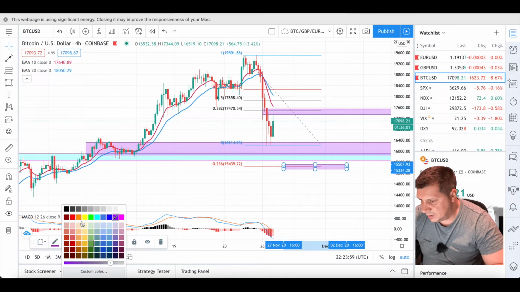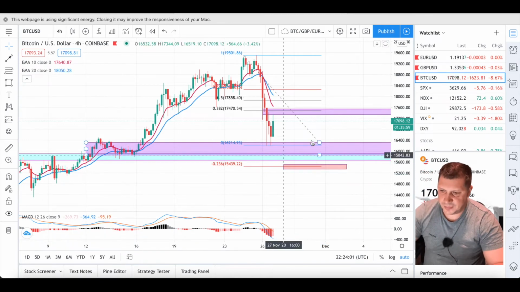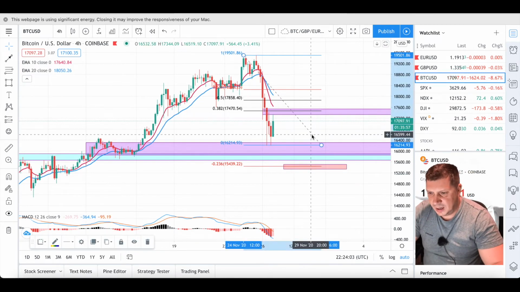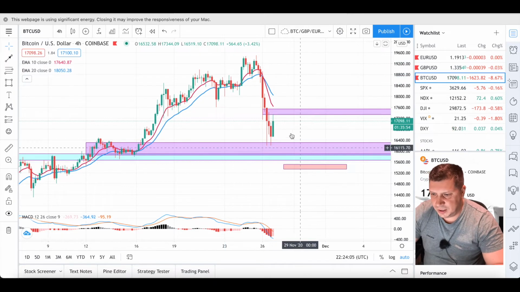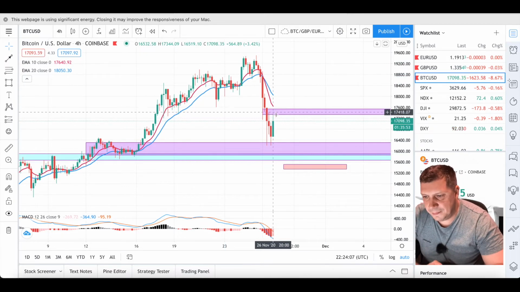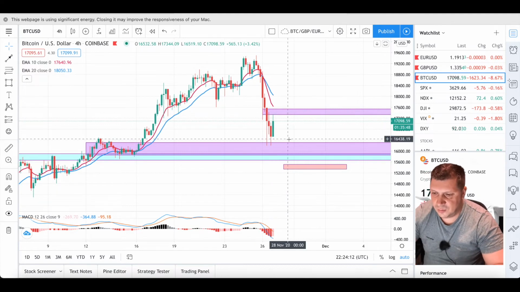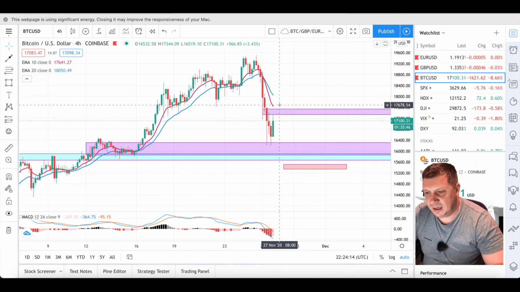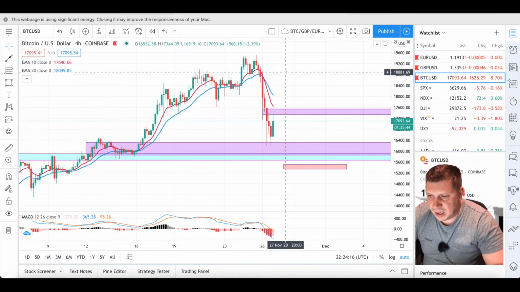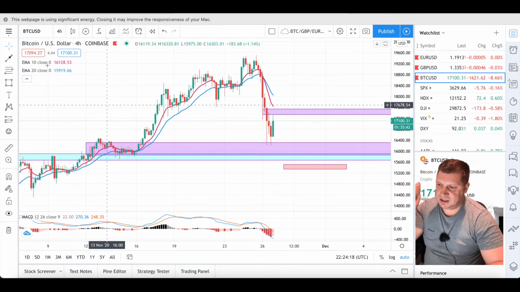I will mark it red. Right. But before going down, we need to make sure it actually made at least 38% before moving down, because otherwise it can continue going up until it hits 61.